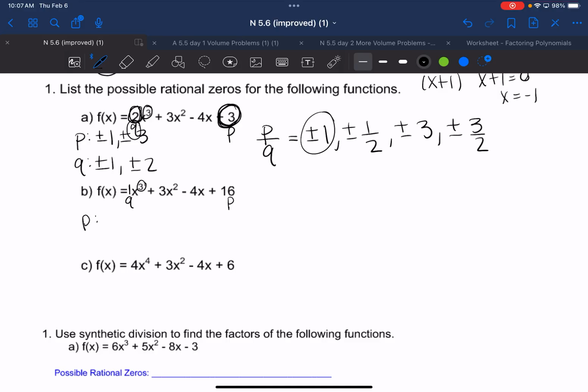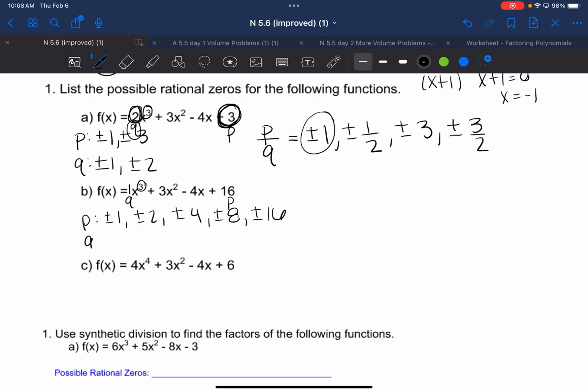So for P, what are all the things that multiply to give me 16? Right. 1 and 16, 2 and 8, and 4 and 4. So 1, 2, 4, 8, and 16, right?